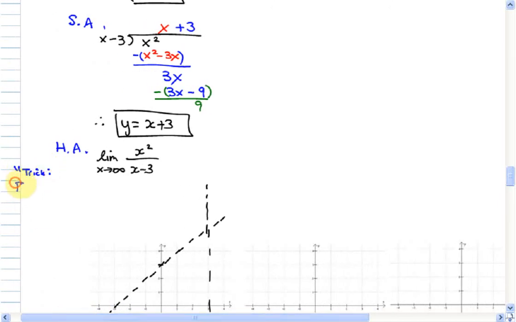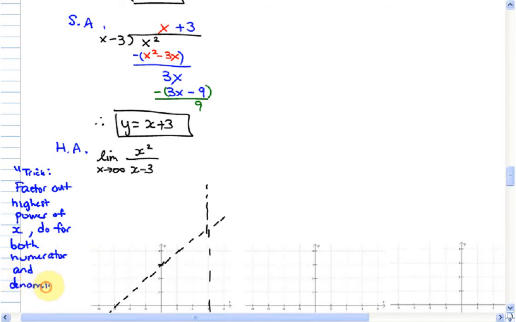I want you to factor out the highest power of x, and do this for both the numerator and the denominator. I'll show you what I mean by that in a sec.